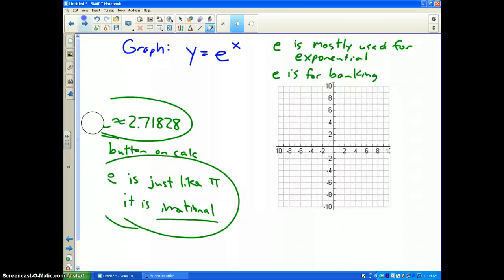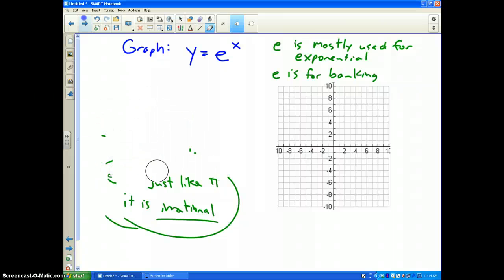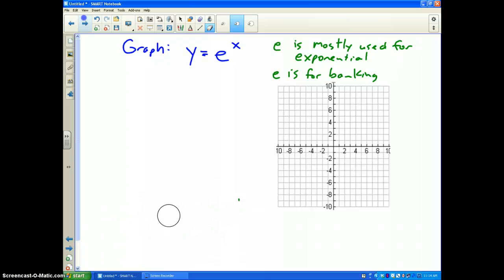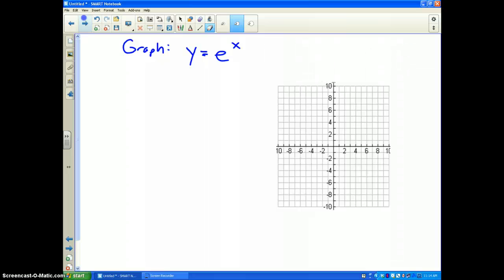All right, now let's graph that function where E is the base. We're going to graph E to the x power. Now, a couple things that you need to know.